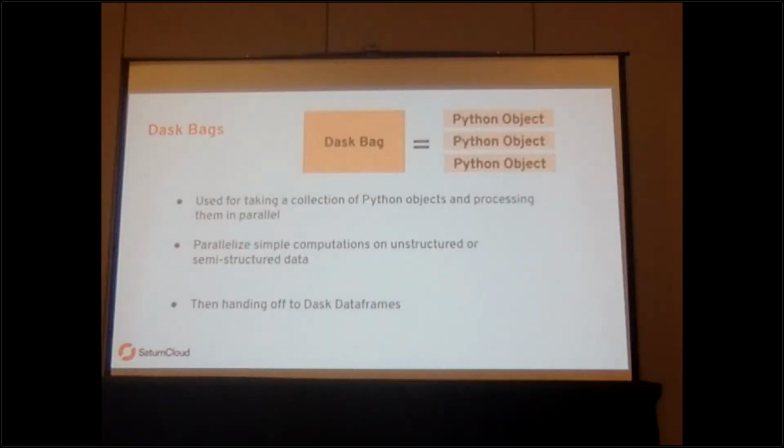Now we come to the next interface, which is Dask bags. Dask bags can be thought of as a bunch of lists. But why do we need Dask bags? We already have Dask data frames. We need Dask bags because sometimes data is not structured. It is unstructured or semi-structured.